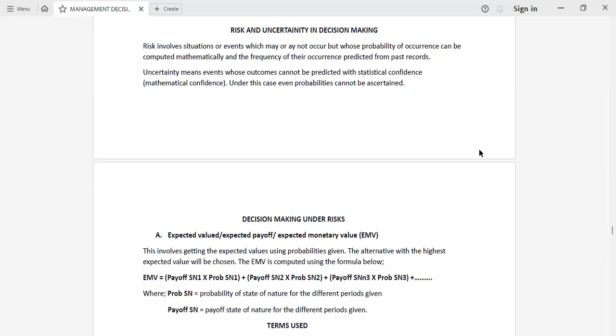But for uncertainties, if the topography of the land is flat, but you find yourself experiencing landslides and floods, when those things have never happened and you had no idea where they came from, you can't even predict when the next one is going to happen.